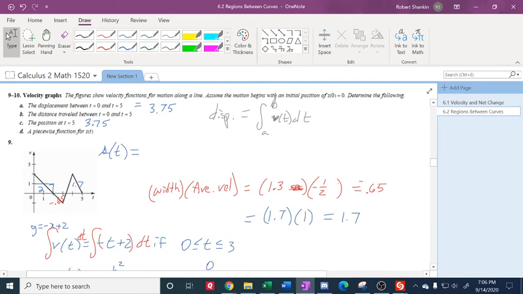And the final full answer for s of t has got to be like this.